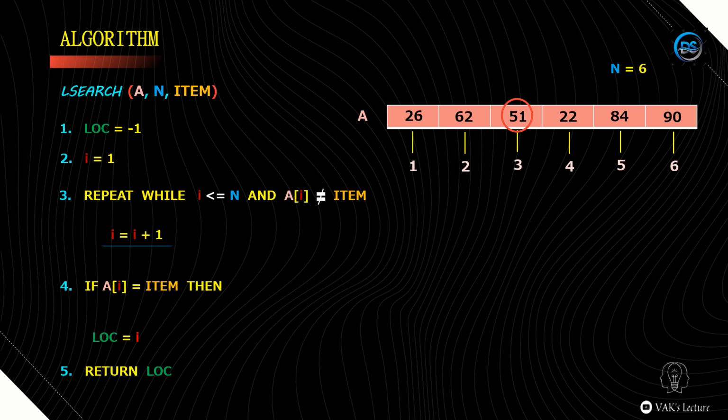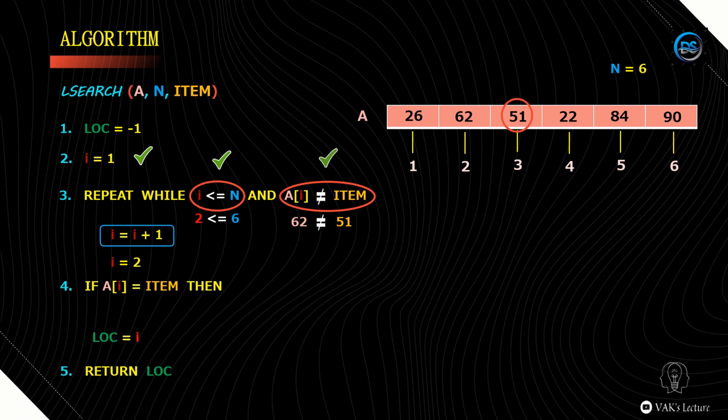We have incremented the index. The value of I is 1, but now the value of I will be 2. It will again compare with 6. Since this is true, it will check for the next condition. The value of A of I is 62. So 62 doesn't equal 51. So both are true, so it will again enter the loop.